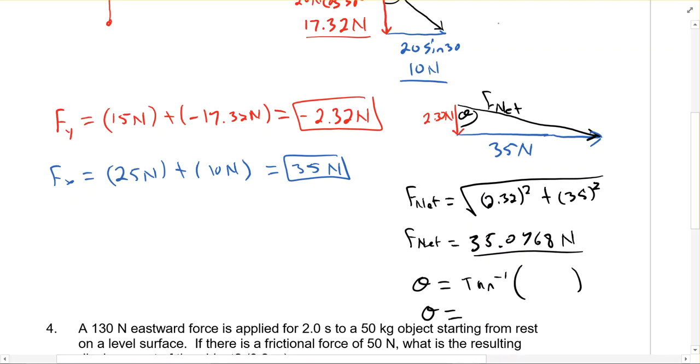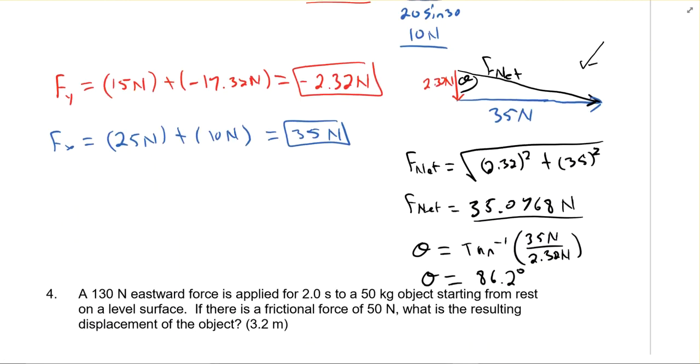I looked at the wrong triangle. I was looking back up too far. I should have been looking at this one. So to find that angle, it's going to be tan negative 1 of opposite side over adjacent side, 2.32 newtons over 35 newtons. And that is 86.2. So yeah, leave it at that, 86.2 degrees. Okay.